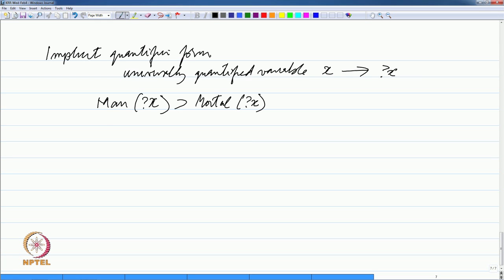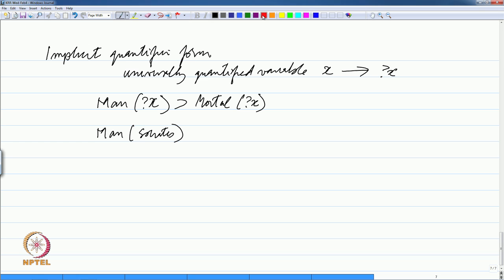What we will do is try to apply it directly. We will ask the question as to what is it that will make these two formulas the same.